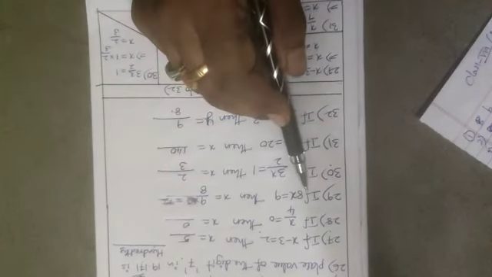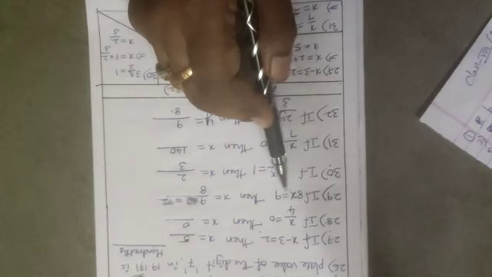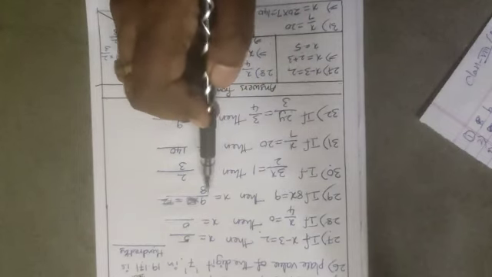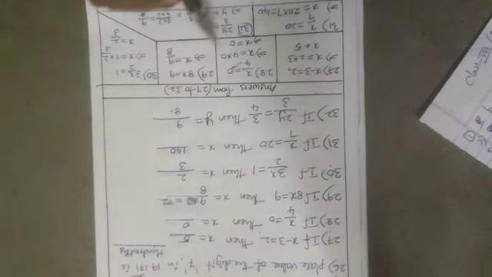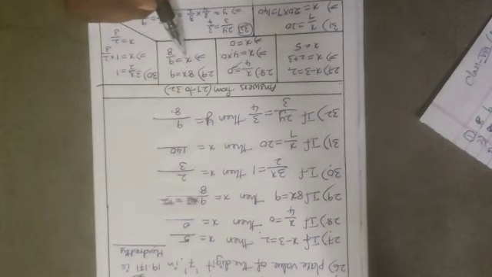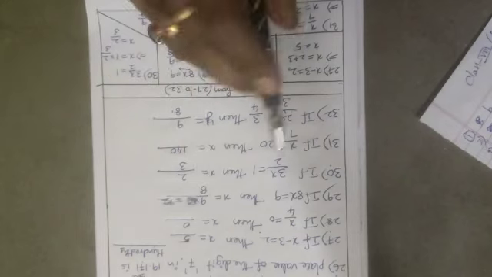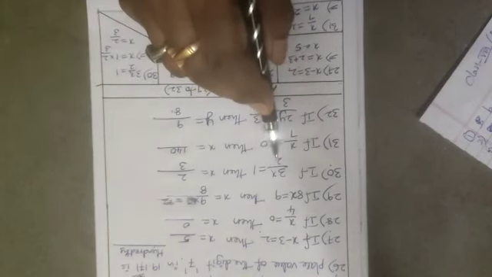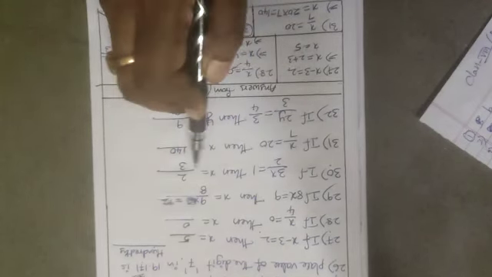If 8x equals 9, then x equals how much? See, children, 8x equals 9. This number will go to the denominator; multiplication changes to division. So x is 9 by 8. If 3x by 2 equals 1, then x equals how much?